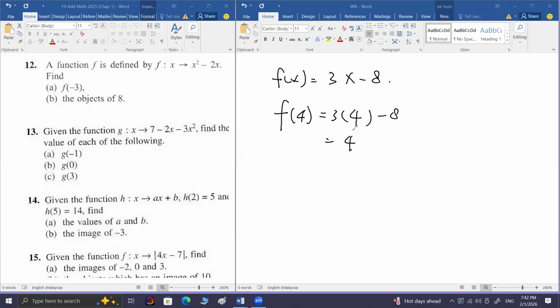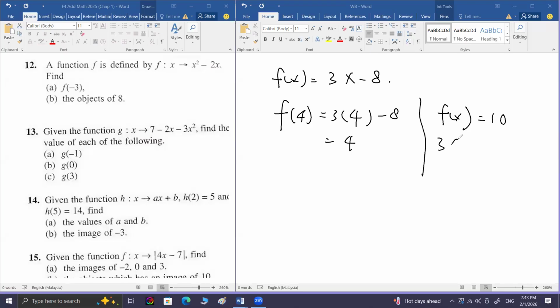Listen carefully, find x. Find x when the image is 10. So you copy what?